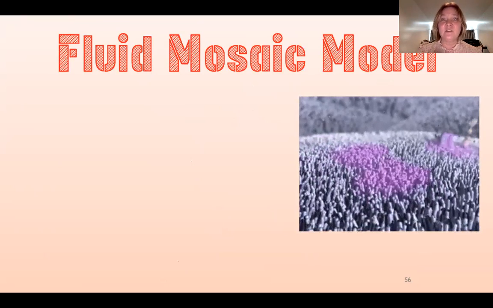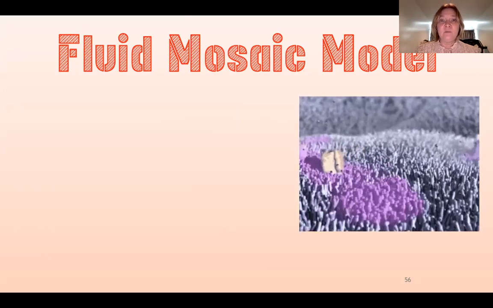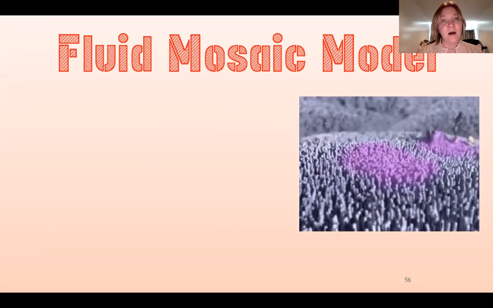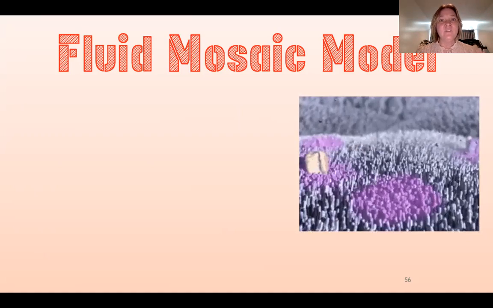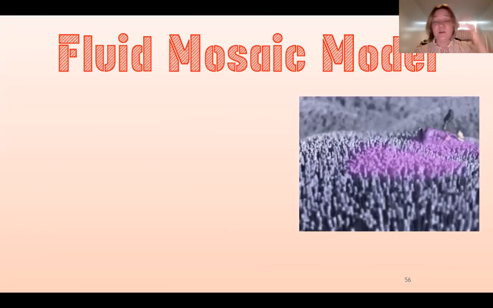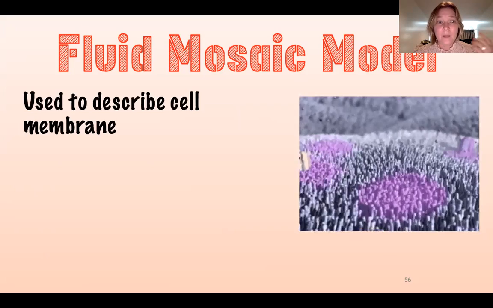If your hypothesis is correct, you can then form a conclusion. And based on other evidence, you can form what's called a model. A model is something that you can use to try to predict behaviors or outcomes in the natural world. And this is the model that we use to describe the behavior of the cell membrane.